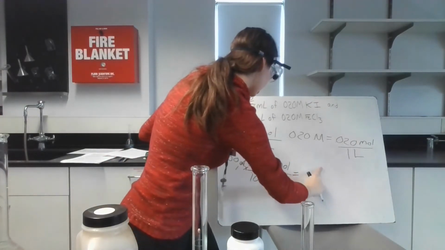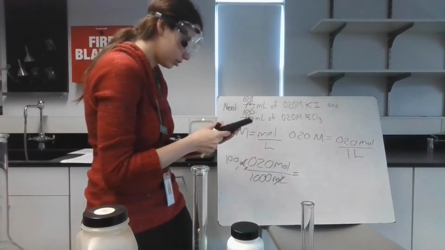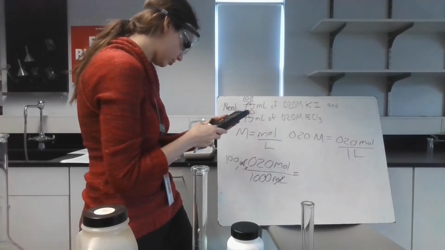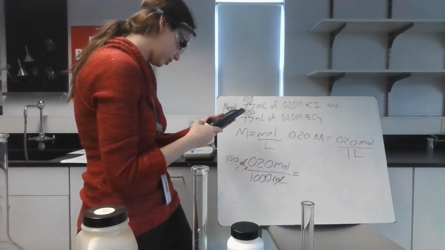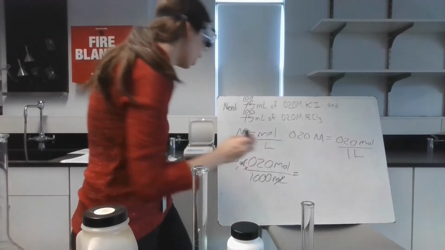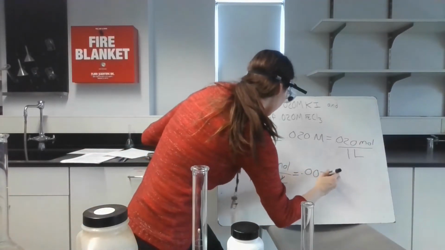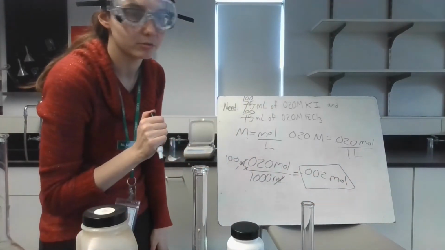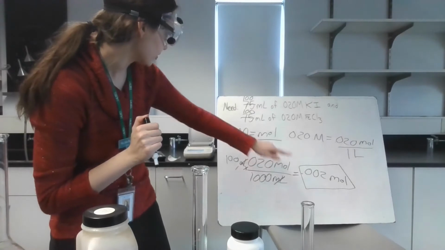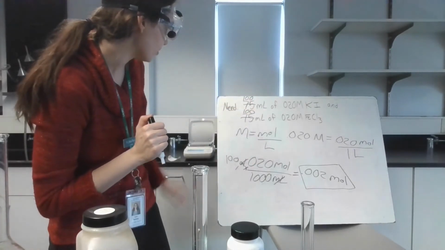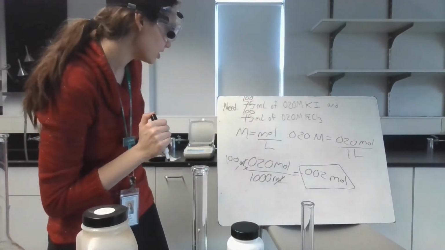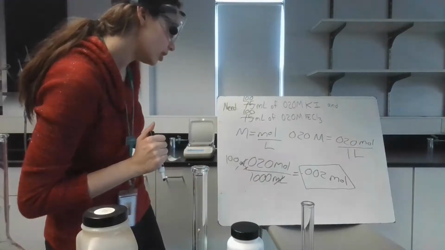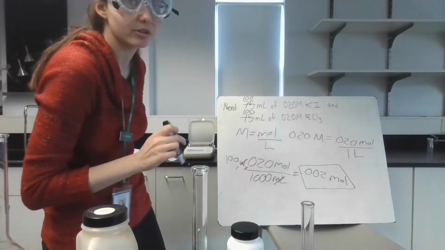So 100 times 0.020 divided by 1,000, okay, 0.002. So I need 0.002 moles. And that should be the same number of moles for each, because even though they're different compounds, I'm making the same volume at the same concentration. They're just going to be different masses because these have different molar masses. So I'm going to write that 0.002 moles up in the corner so I don't forget it.